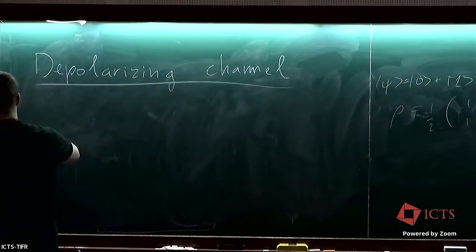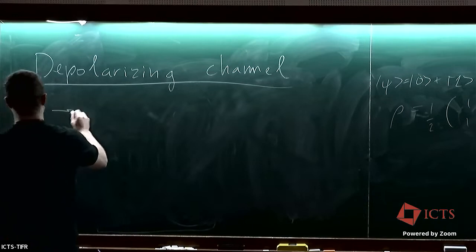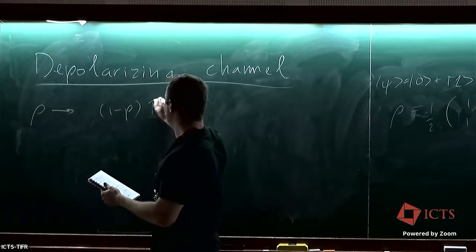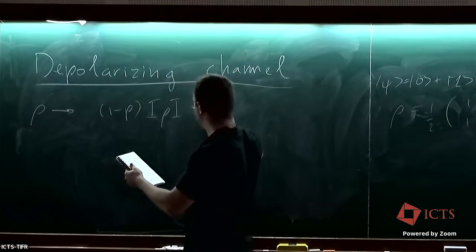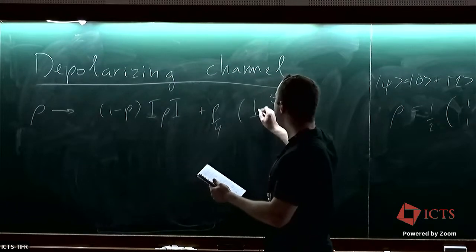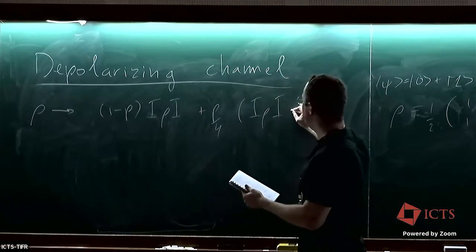And what this tells you is that your density matrix either stays the same, or with the probability p, you apply either Pauli operation with an equal probability.